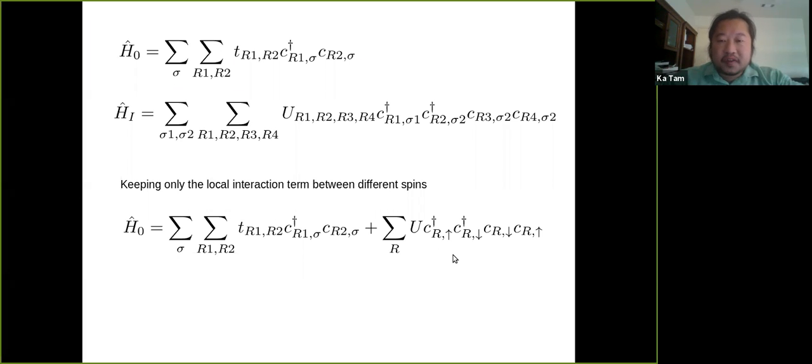Then you end up with this Hubbard term, basically just a density operator coupling between spin up and spin down at the same site. And this is the hopping term. So this is everything you need to know about how to go from the general Hamiltonian to the Hubbard Hamiltonian. So it shouldn't be H naught, it should be H here.